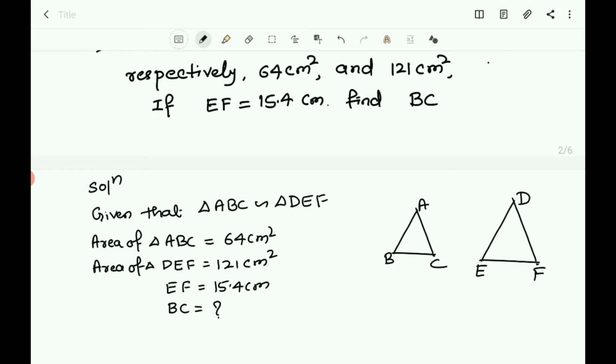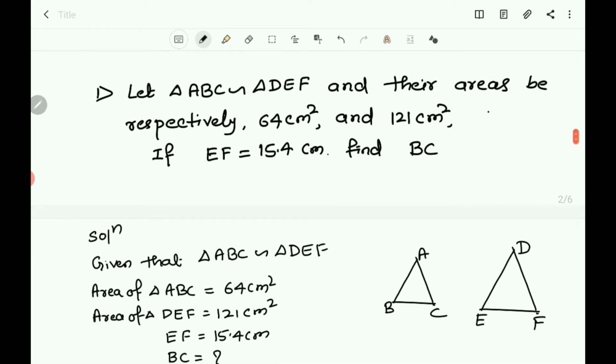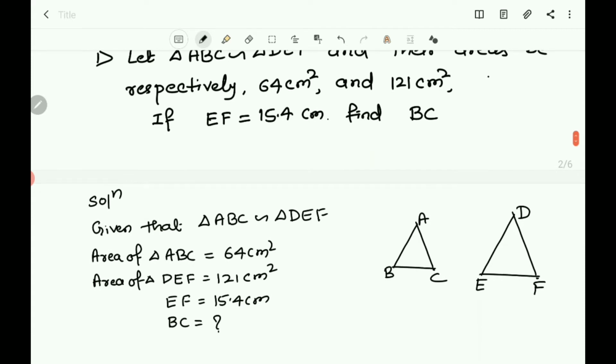You know that areas of similar triangles are proportional to the squares on their corresponding sides. Here EF and BC are the corresponding sides.